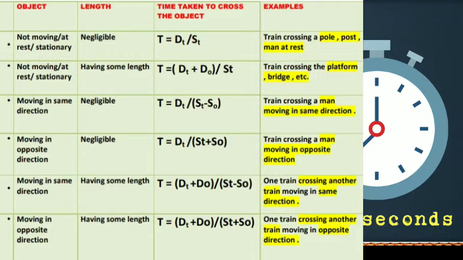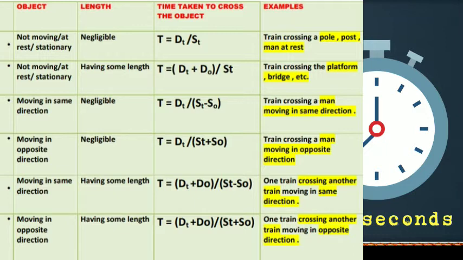Now if the object is having some length, then we add it. In the second case, you can see that for finding the time we have added dt, the distance of the train, and the distance of the object, and then we have divided that by the speed of the train. For our convenience, I have denoted the distance of the train, that is the length of the train, as dt, and the speed of the train as st, and the distance or length of the object as do, and the speed of the object as so.